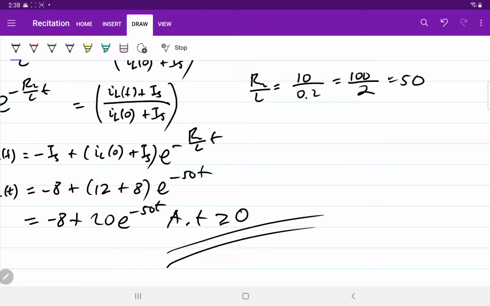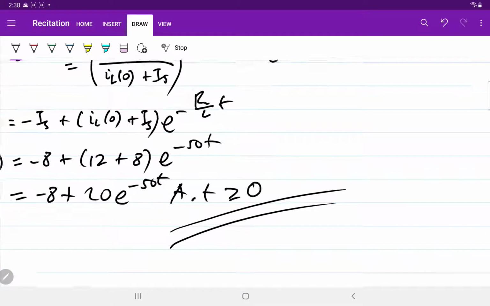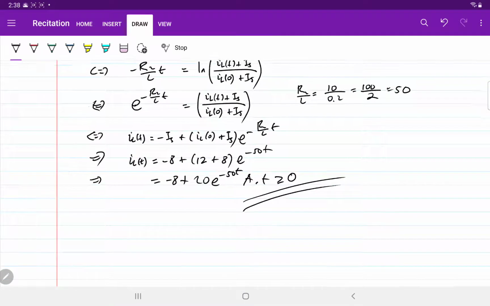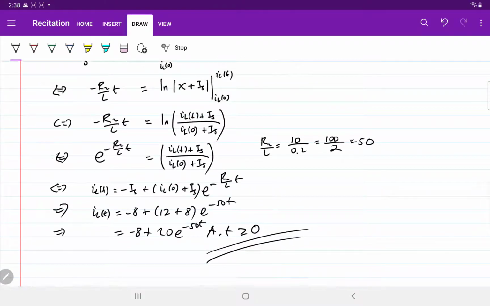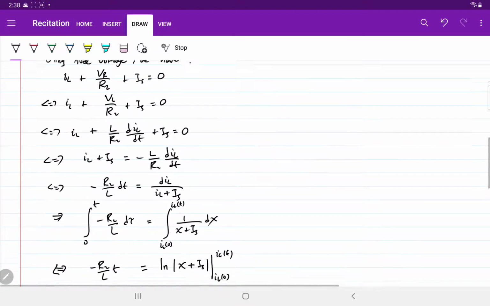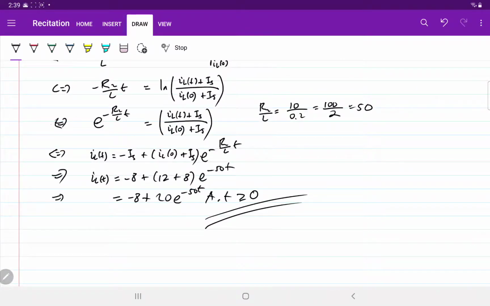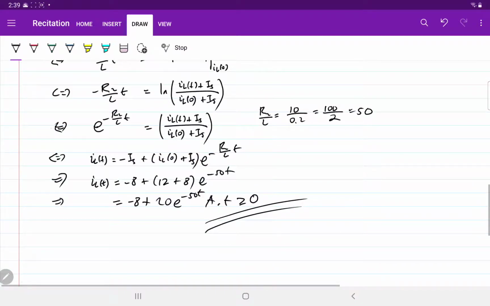Alright, and if you're wondering whether your solution is correct or not, then you can do a sanity check. What I mean by sanity check is you can check, since this equation holds for t greater than or equal to 0, then if t is 0, you should get back your 12 amps, right?